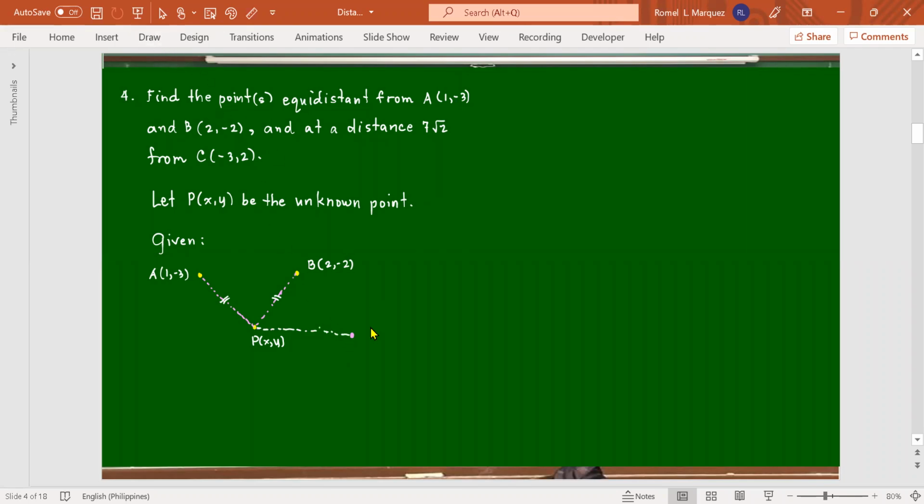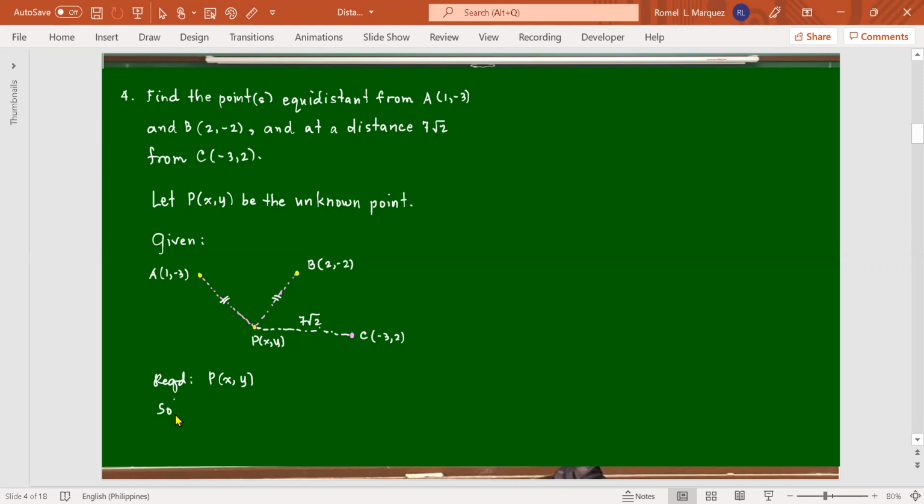So -3, 2 is that point C. This is 7 square root of 2. So from this illustration, we can now form relationships among the segments, or among the distances involved. We're looking for the point P, (X, Y). So let's see how many possible points we can get.